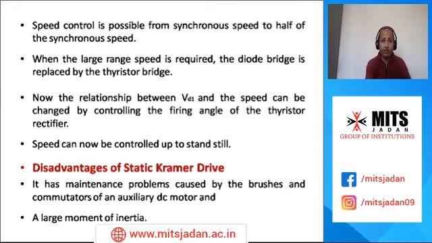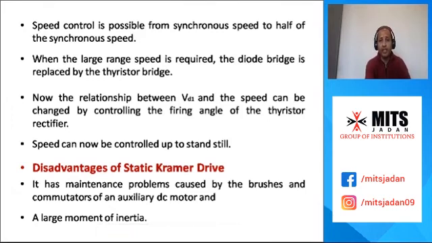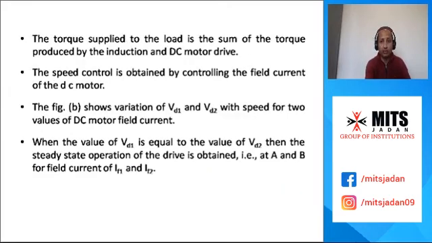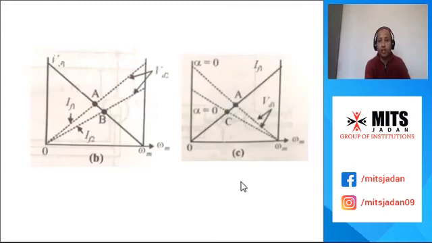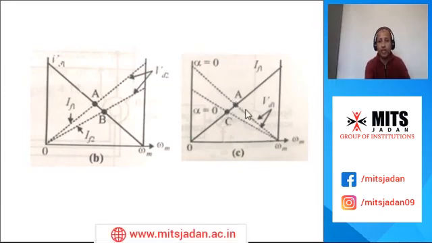When we are using a thyristor circuit, we know that there is a firing angle by which we can control the speed and voltage, as we can see in the graph. Here is the graph in which the field current is fixed, and by changing different values of alpha, VD1 can be changed. The various values of VD1 can be seen in this graph.